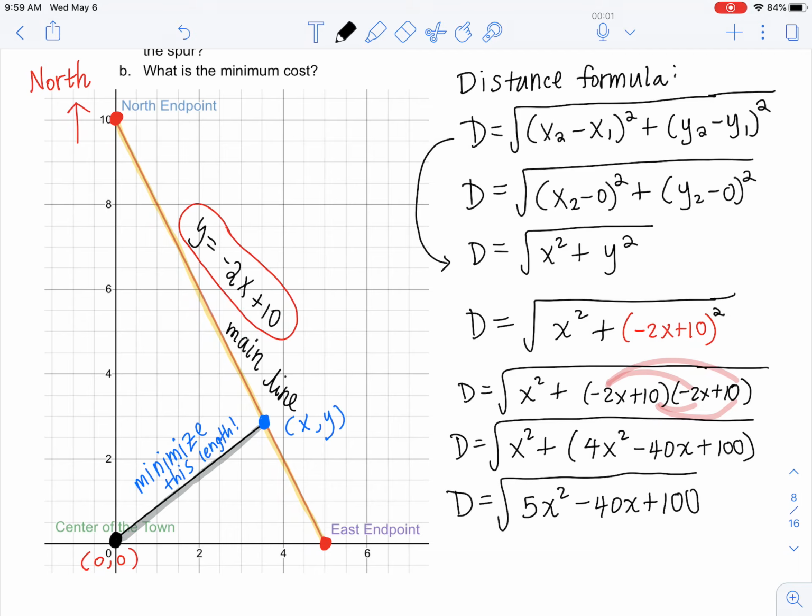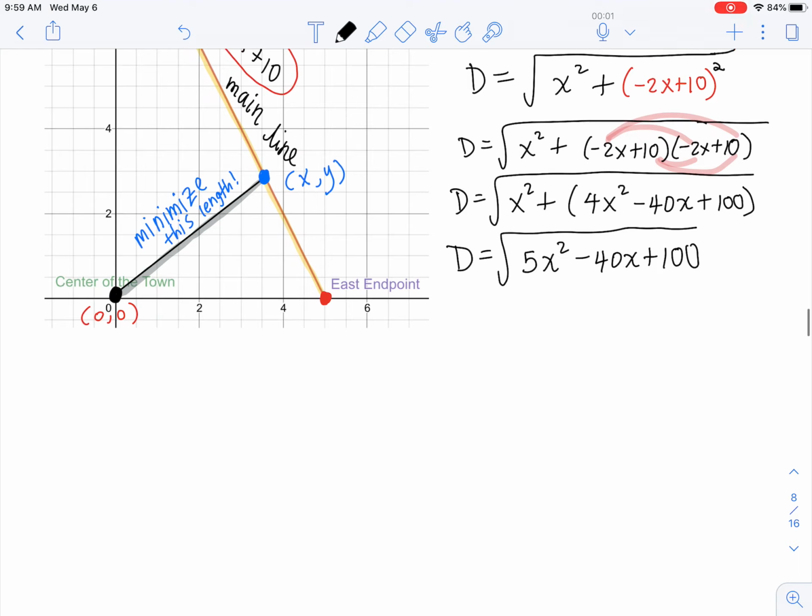So let's do that. Let's find the derivative of this distance equation with respect to x so that we can find some critical values. So let me go ahead and move my work down there. And why not? Let me just write this in function format. D of x, the distance in terms of the x-coordinate.